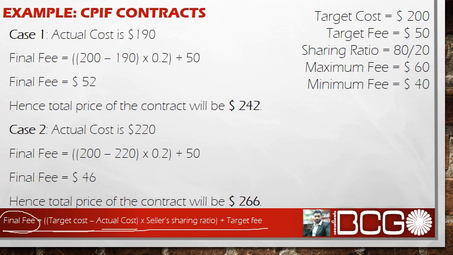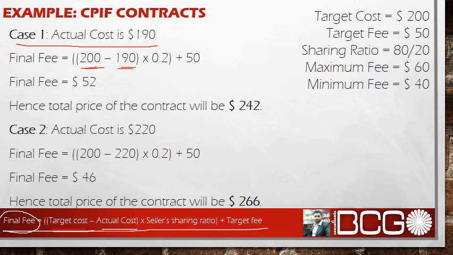Okay, so as per case 1, the actual cost incurred by the supplier is 190 US dollars. So the final fee will be: this is the target cost as given, 200, while this one is the actual cost, 190, into the seller's sharing ratio.